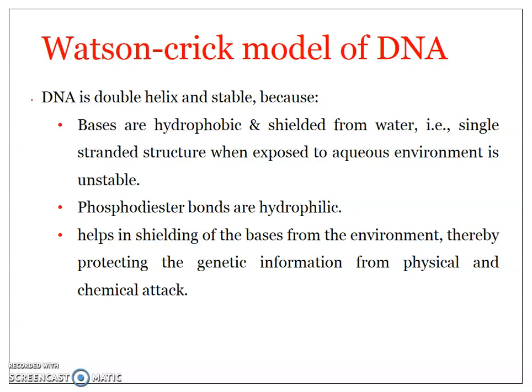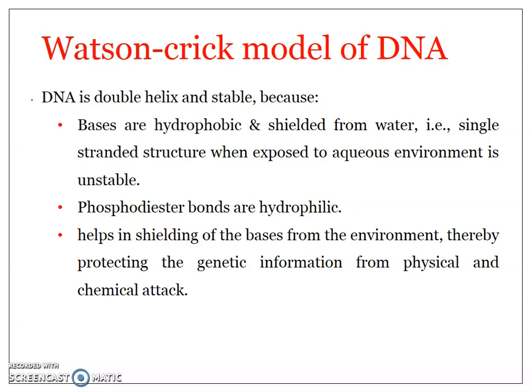Sugar and phosphate are hydrophilic in nature, and this helps in shielding the nitrogenous bases from the aqueous environment, the watery medium outside. So it becomes more stable, and this helps in protecting the genetic information from any physical and chemical attack.